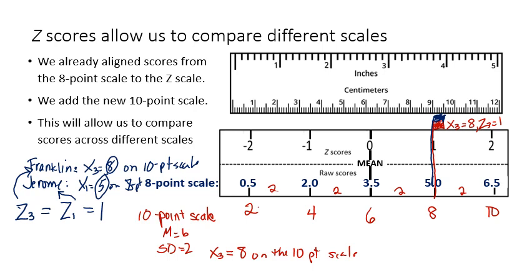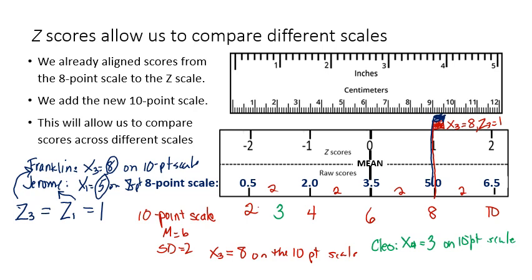We can also plot on here our score for our last person, Ch03Aau. She was our candidate x4, and her raw score was 3 on the 10-point scale. The 3 on the 10-point scale falls right between the 2 and the 4.